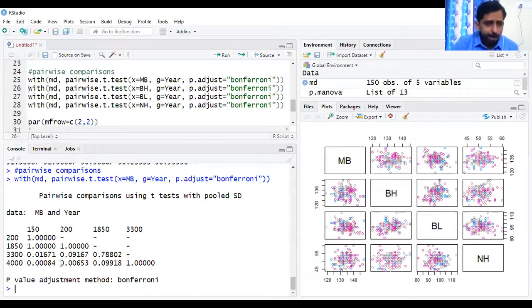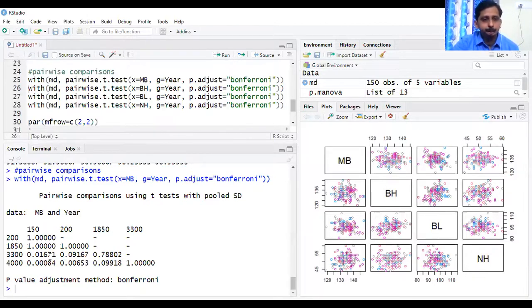Now, where is that significant impact? What is the alpha to be compared here? 0.01, not 0.05. When we take 0.01, only these three will come into the picture. Not even this, not even this.